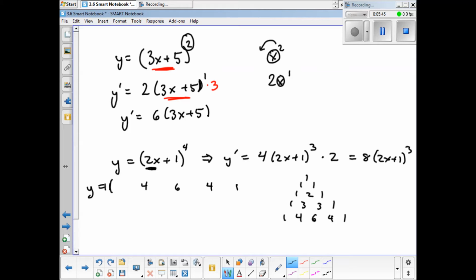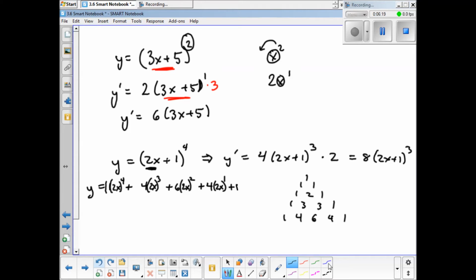So you remember doing this in algebra 2. So (2x)^4 plus 4 times (2x)^3 plus 6 times (2x)^2 plus, and then (2x) to the first plus, and then in the last term we have no 2x's.